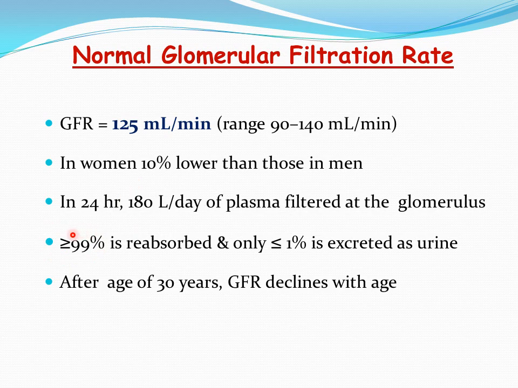More than 99%, that means around 178 or more liters, will be reabsorbed again. It will be taken up by the renal epithelial cells and given to the blood. Only less than 1% will be excreted as urine.